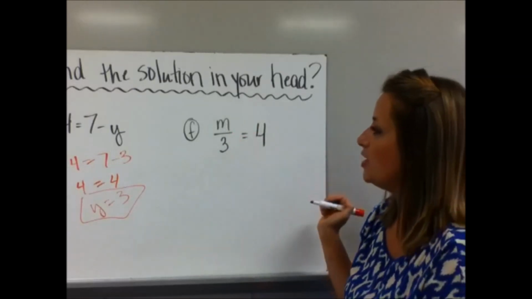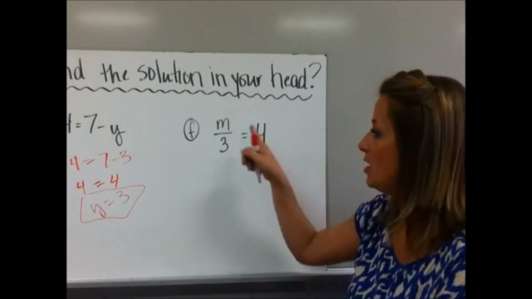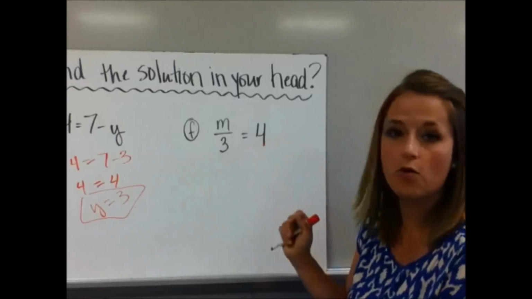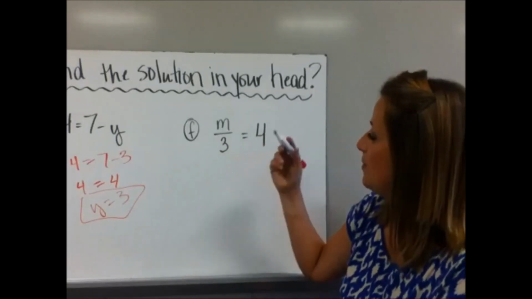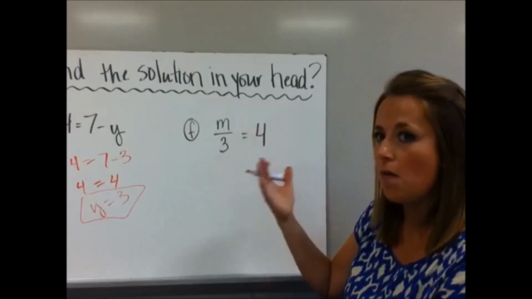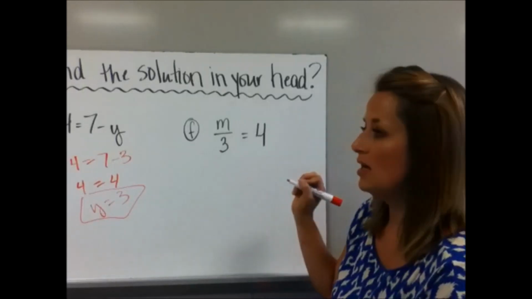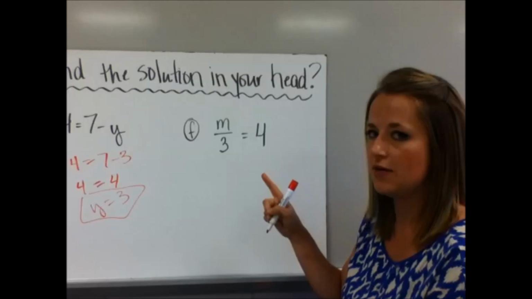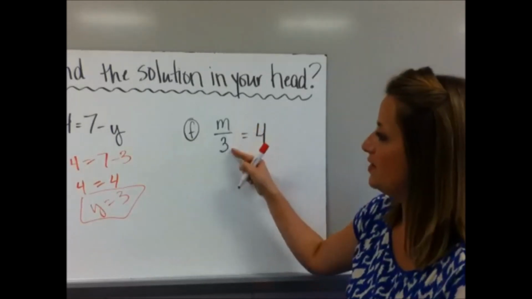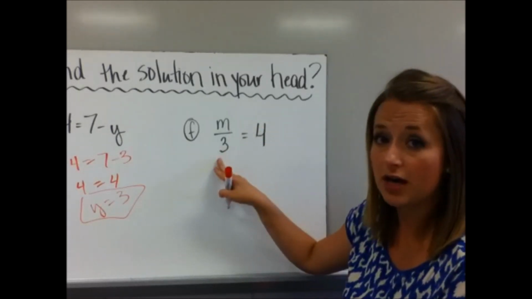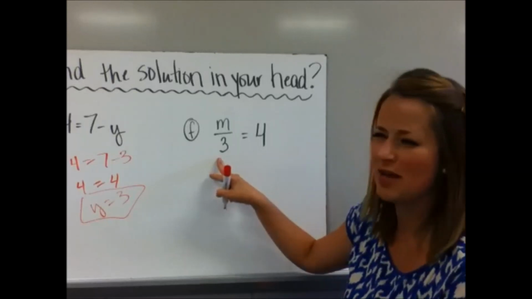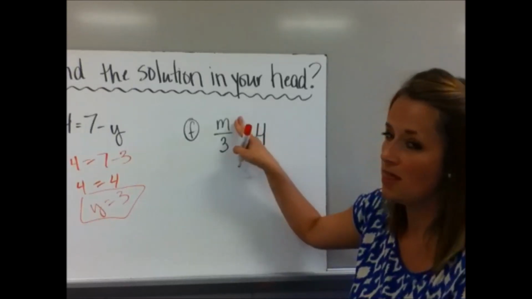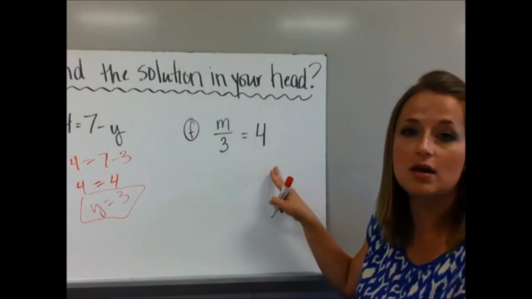M divided by 3 equals 4. So in my head, I'm thinking, what divided by 3 gives me 4? You probably already know I'm going to multiply both sides by 3, and I'm thinking the solution is 12. Well, let's say that you didn't think of 12 initially. You thought division, 4 divided by 3, you get 1 1/3, and you're like, ooh, that doesn't seem right, because 1 1/3 divided by 3 is definitely not 4.